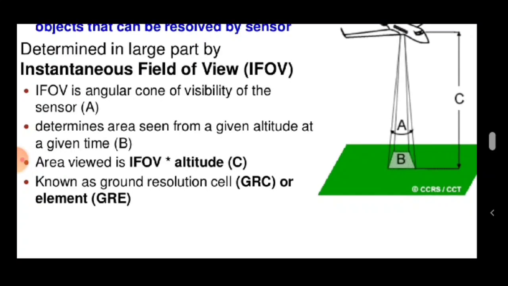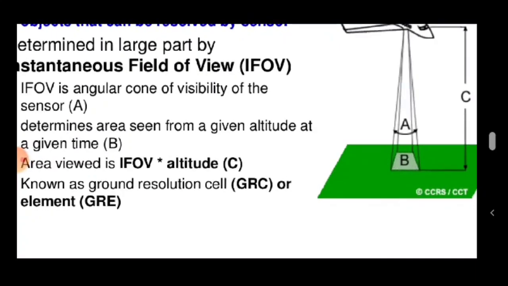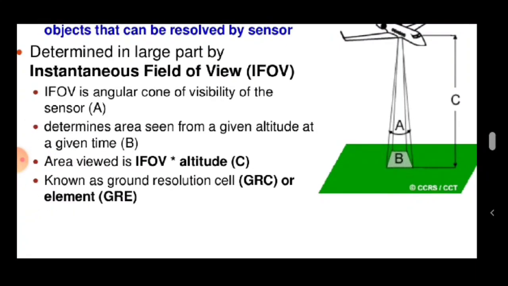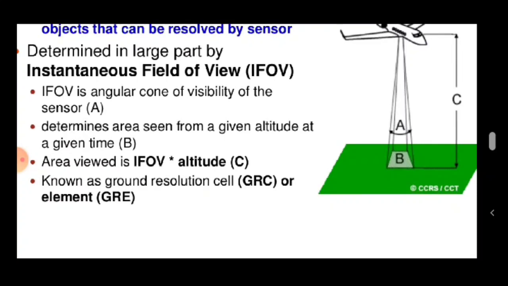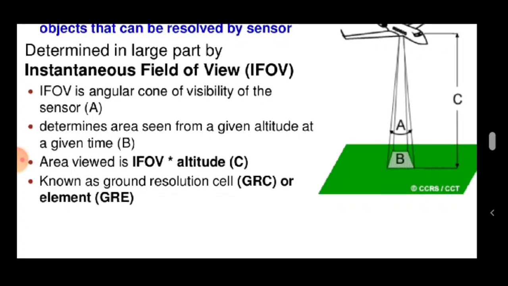Instantaneous field of view, denoted by I, means the angle which corresponds to the sampling unit. So you have to keep in mind: FOV means the maximum angle of view which a sensor can effectively detect, and instantaneous field of view means the angle which corresponds to the sampling unit at a certain time.